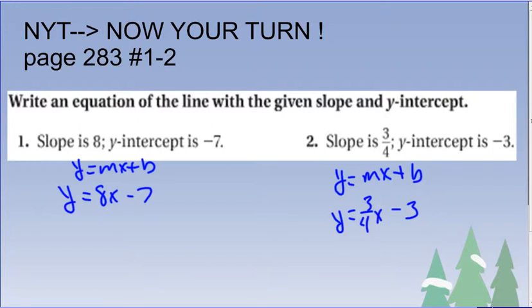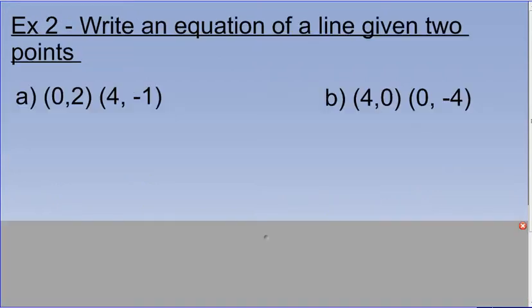Okay? Now, we're going to change up the problem a little bit here. Now we're going to see how do we find this equation given 2 points. So let's looky here. We have 2 points. What were the two things we needed to find slope-intercept form?